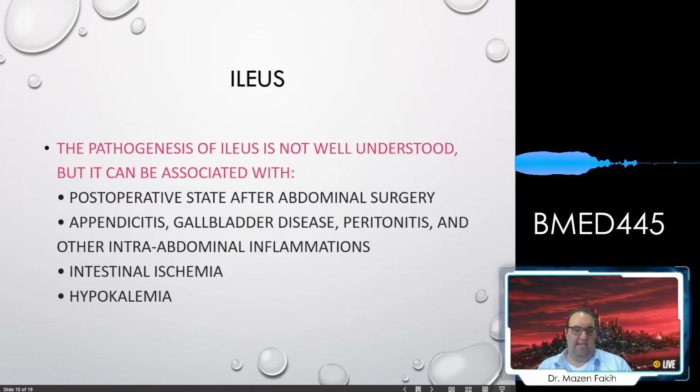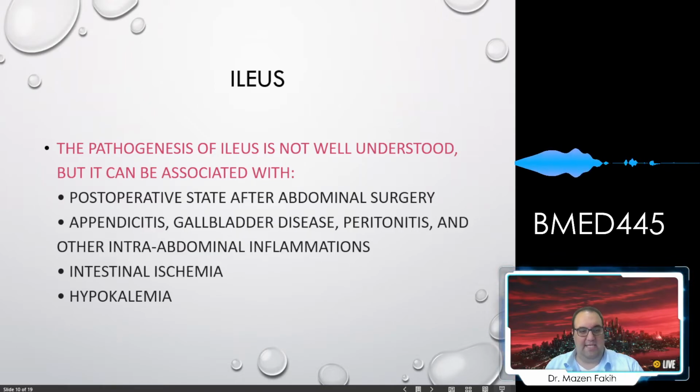The other causes are appendicitis, gallbladder disease, peritonitis, any type of inflammation that is intra-abdominal in the peritoneal space. We could have intestinal ischemia, which we see a lot in babies born prematurely, especially when they have necrotizing enterocolitis.